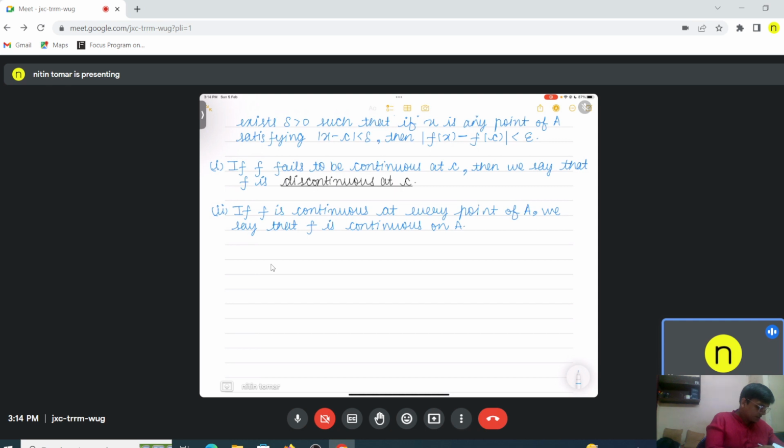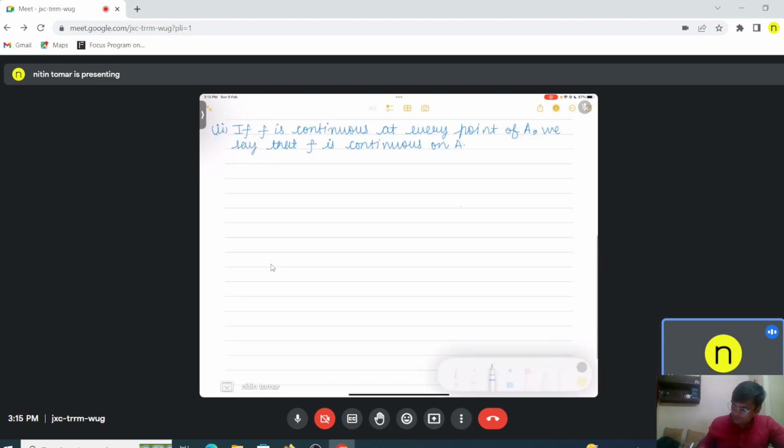Now we shall see some results that will be highly useful in this course, which are applications of a continuous function. So we shall see some preliminaries and results.